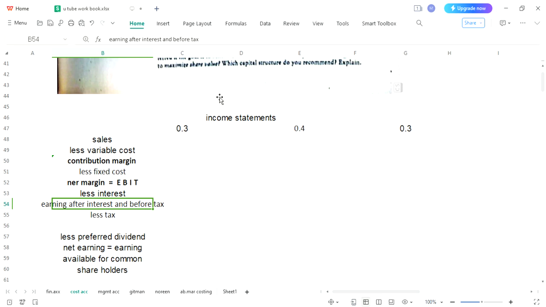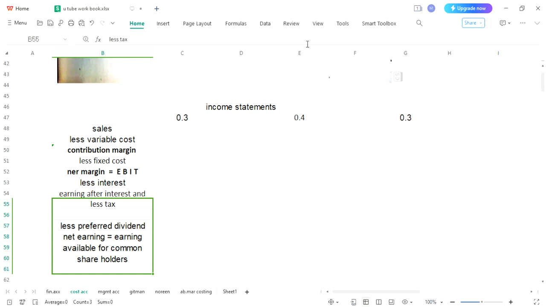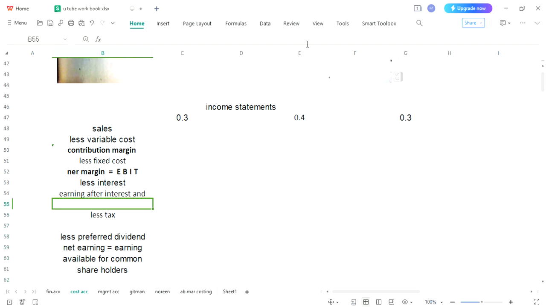This earning also needs to be wrapped up, but this button is not working. That's what I was saying. So we'll have to move the remaining things down a little to make this heading visible.